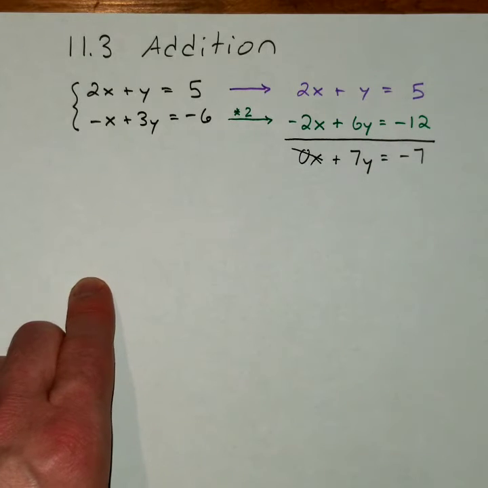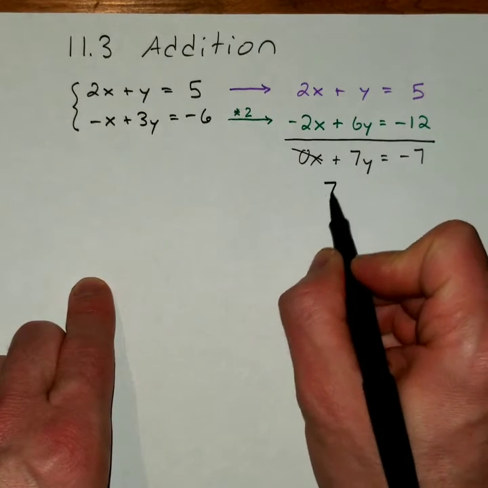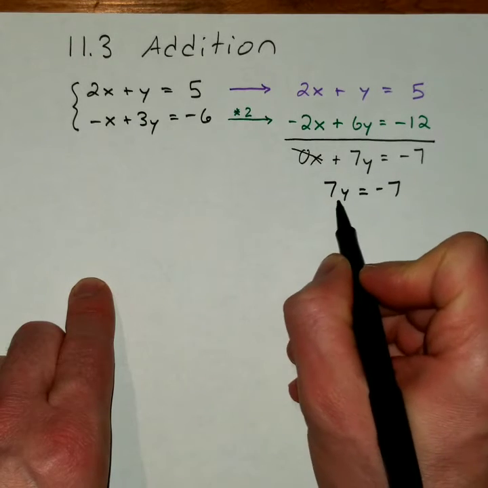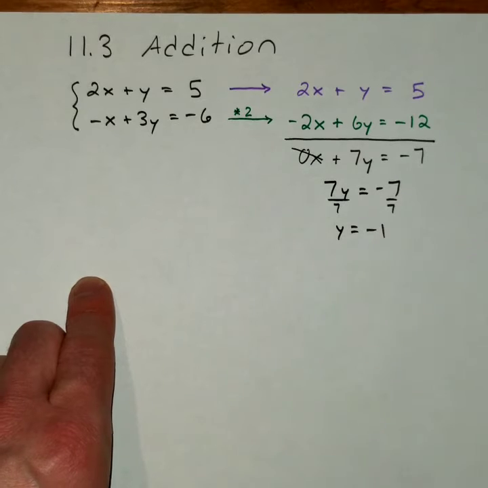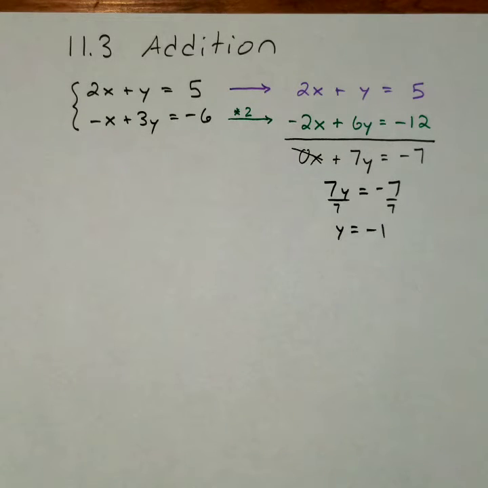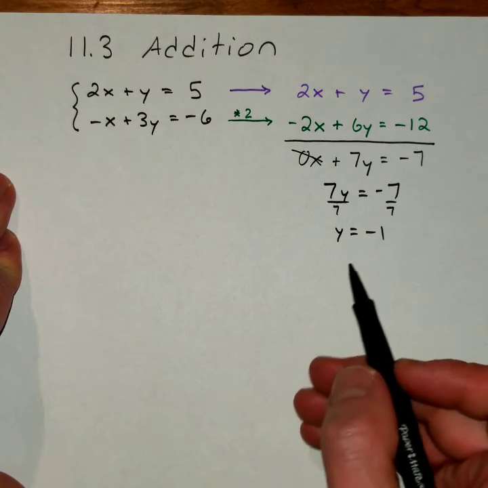Okay. The x's drop out. I get 7y is equal to -7. I can divide both sides by 7, and I get a y value of -1. However, remember, we're not done. We still need to find the ordered pair for our solution. We need the x value.